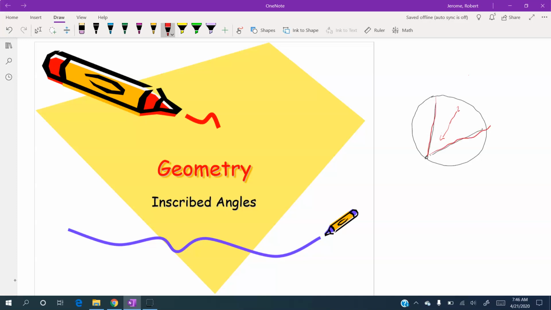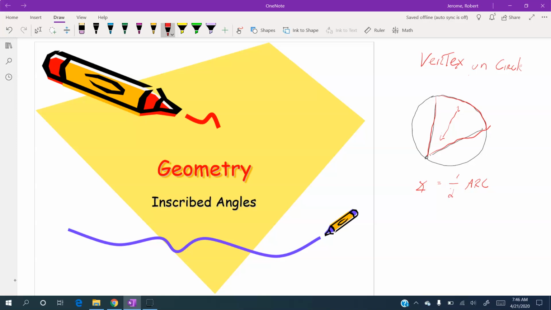So there's our angle and there's our arc. When the vertex is on the circle, like it is in an inscribed angle, our formula says angle equals half the arc. Okay. So we are going to build on that and finish up this section of material.